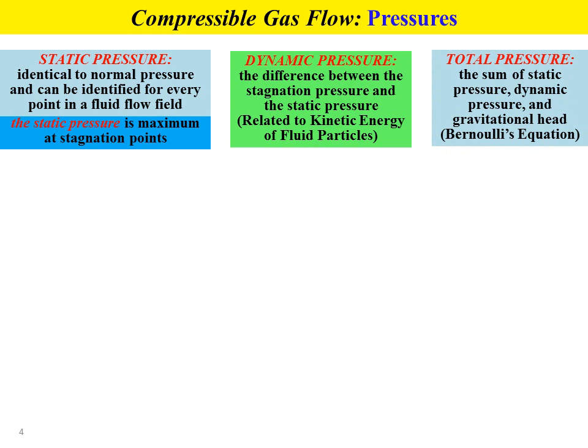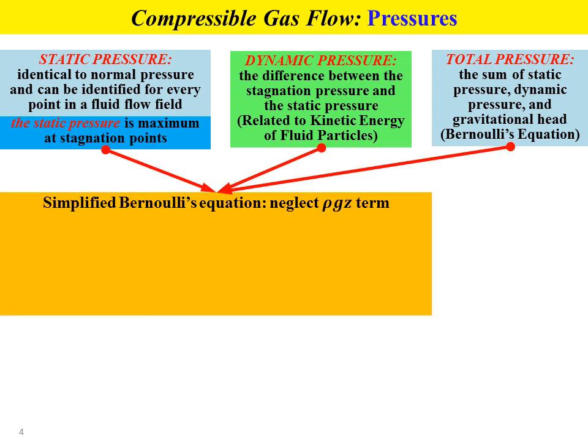Total pressure is the sum of static pressure, dynamic pressure, and gravitational head, according to Bernoulli's equation. These 3 pressures can be described using the simplified Bernoulli's equation after we neglect the gravitational head term, which is the rho gz term.